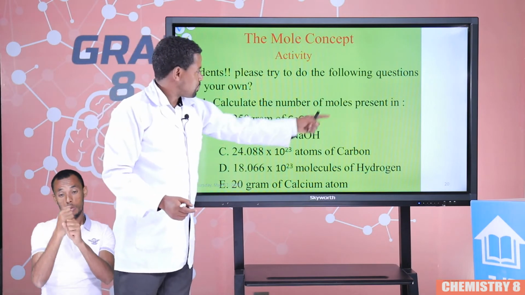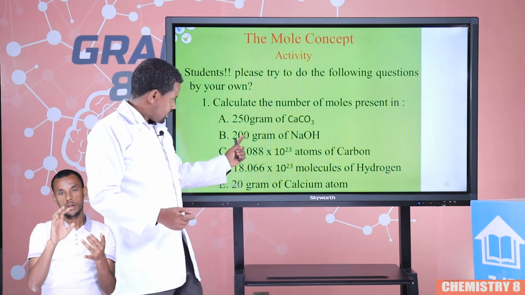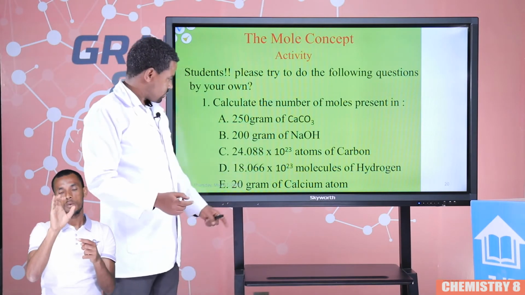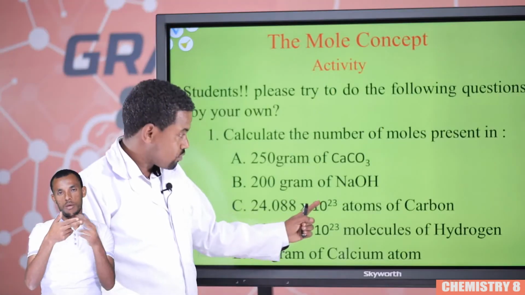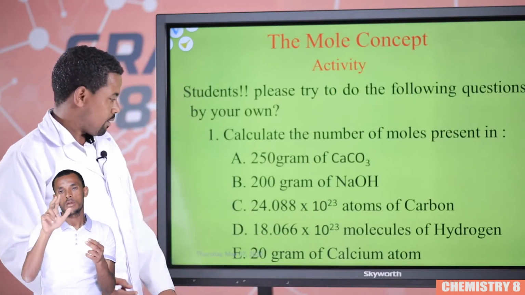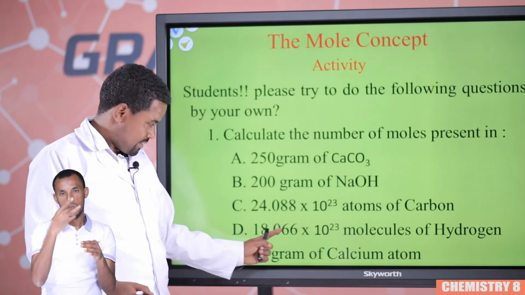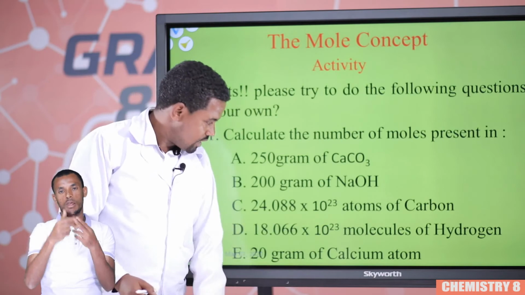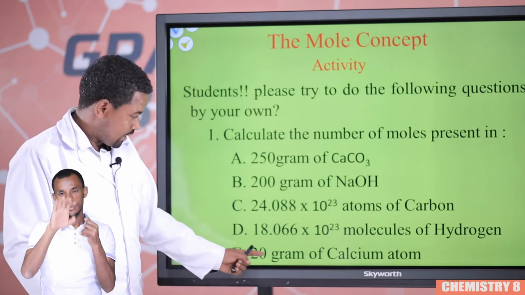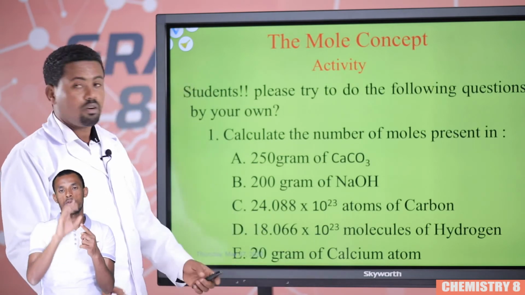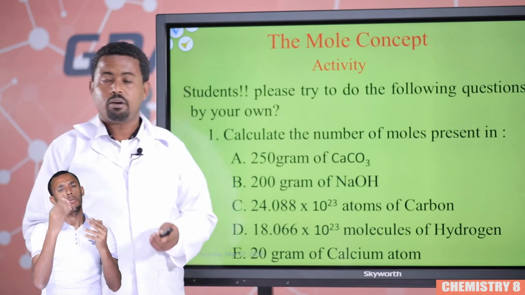Calculate the number of moles present in: A, 250 gram of calcium carbonate; B, 200 gram of sodium hydroxide; C, 24.088 times 10 to the power of 23 atoms of carbon; D, 18.066 times 10 to the power of 23 molecules of hydrogen; and the last one, E, 20 gram of calcium atoms. Students, you can try this very simple exercise by yourself individually.